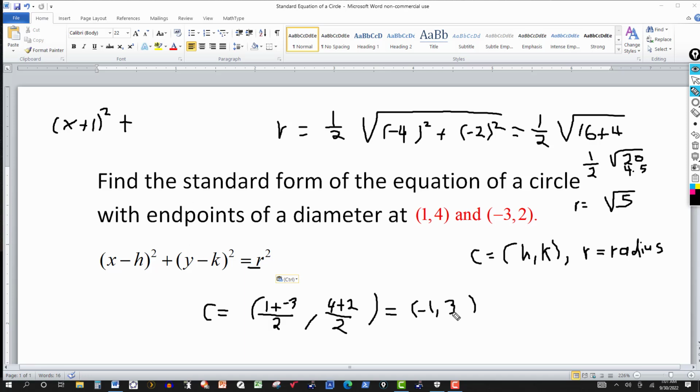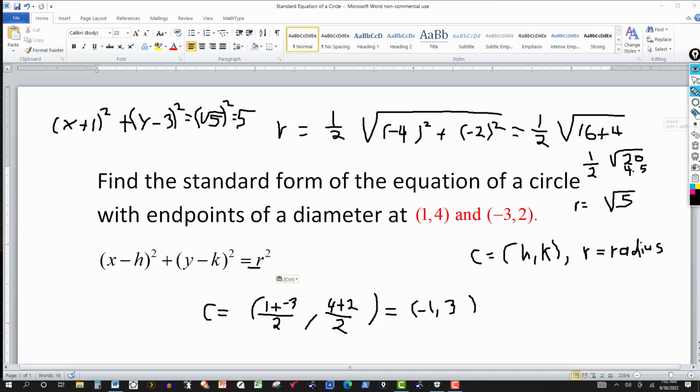In our case, k is 3, so it's y minus 3, quantity squared. And then the radius is the square root of 5, but that's squared, so that just comes out to 5. So we've got (x plus 1) quantity squared plus (y minus 3) quantity squared is equal to 5.